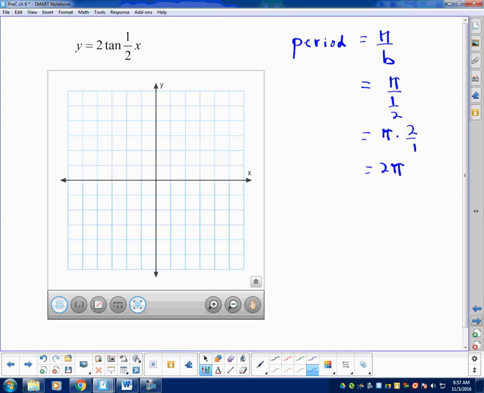So instead of going from 0 to pi over 2, and then from 0 to the left to negative pi over 2, if I want to center this at the origin, which it is, if I plug in 0 here, 1/2 times 0 is 0. Tangent of 0 is still 0. So I might as well center it here.